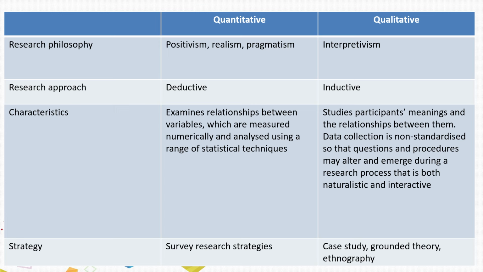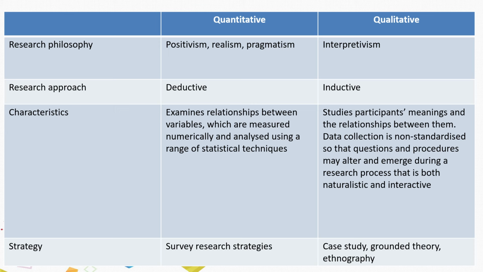Data collection is usually non-standardized, so that questions and procedures may alter and emerge during a research process that is both naturalistic and interactive. So in this sense, a qualitative approach is less rigid. Okay, the researcher can adapt, the researcher can change the questions in accordance with how the conversation is going on.